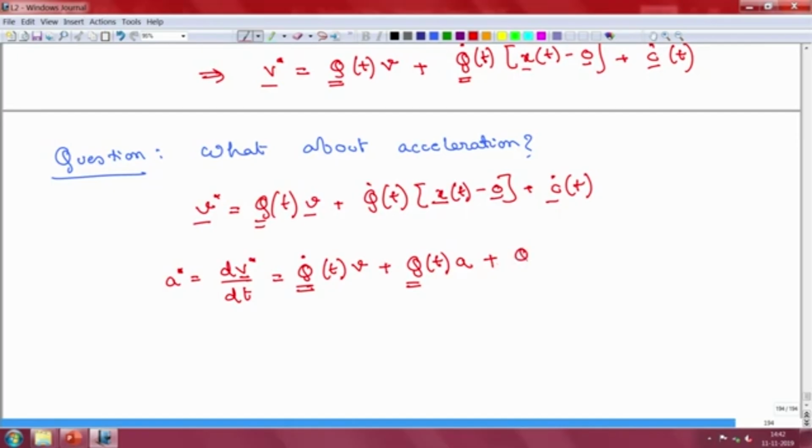And then for the second term, I am differentiating the first one, applying the chain rule, plus, sorry, by the way, I missed this.